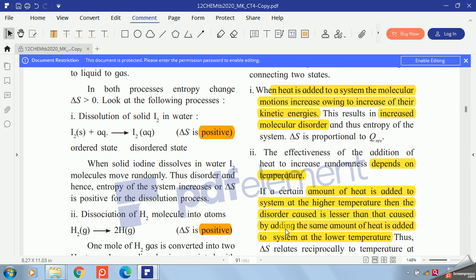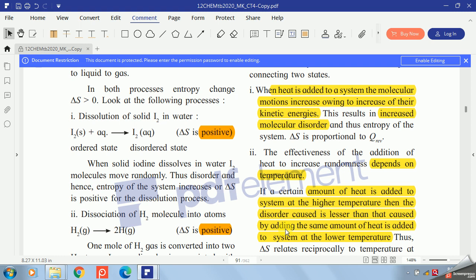But if we supply the same amount of heat at low temperature, we observe more disorderness compared to that at high temperature.